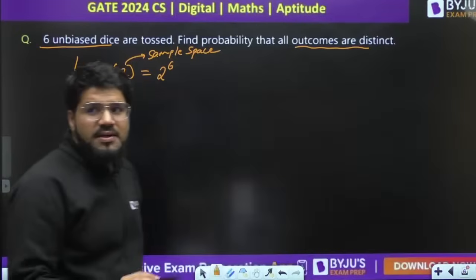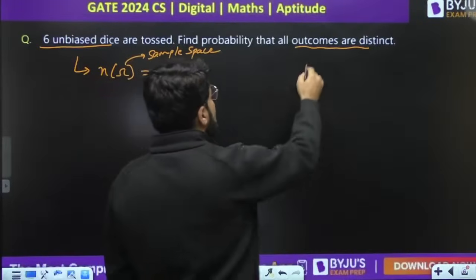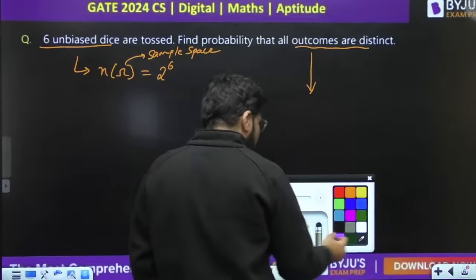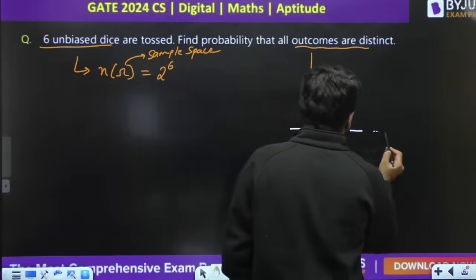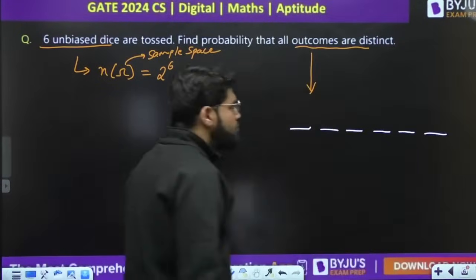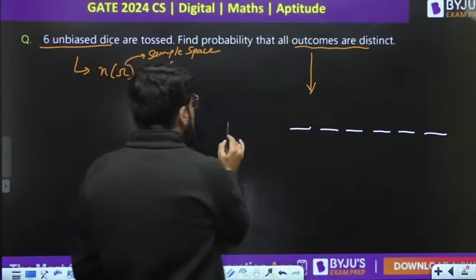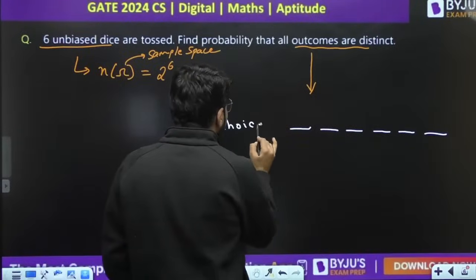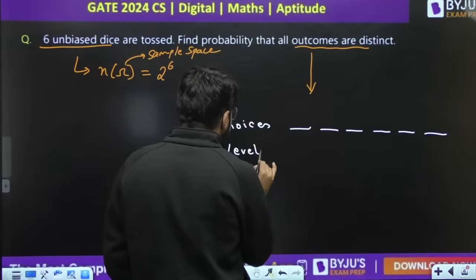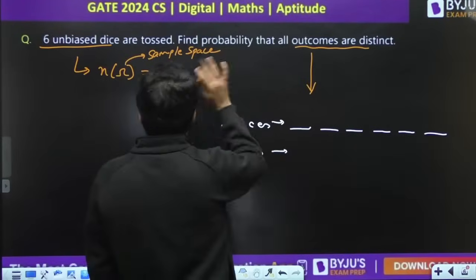Now, all outcomes are distinct. Let's have the favorable condition for this. Like a regular counting problem, there are 6 levels, 1, 2, 3, 4, 5 and 6. You have to decide what is there on all the 6 dice.